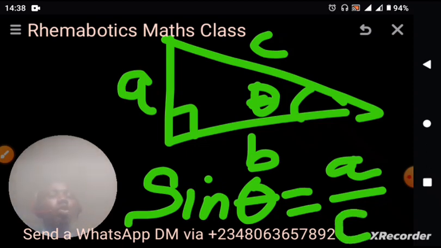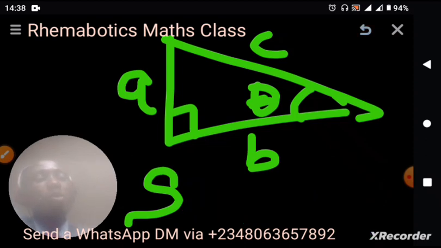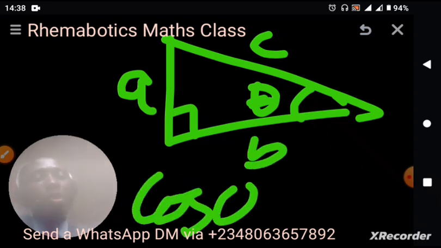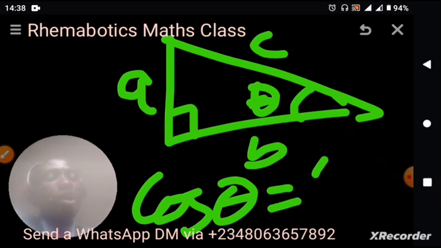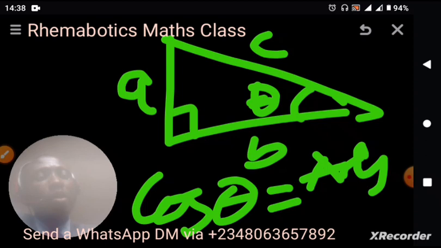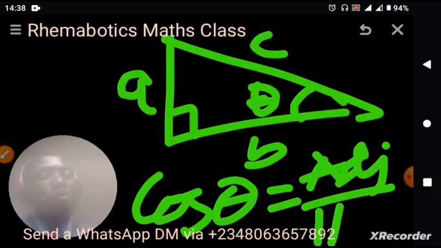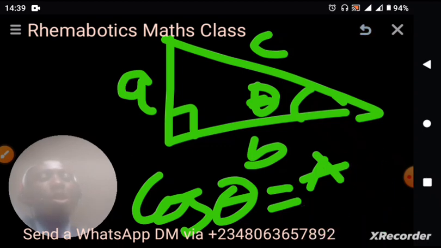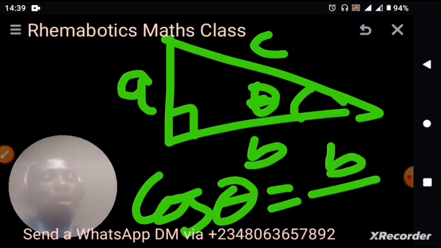Now let's do cos theta. Cos theta is adjacent over hypotenuse, as in the SOHCAHTOA that I explained. Our adjacent is B, while our hypotenuse is C. So B over C. Finally, let's do tan theta.